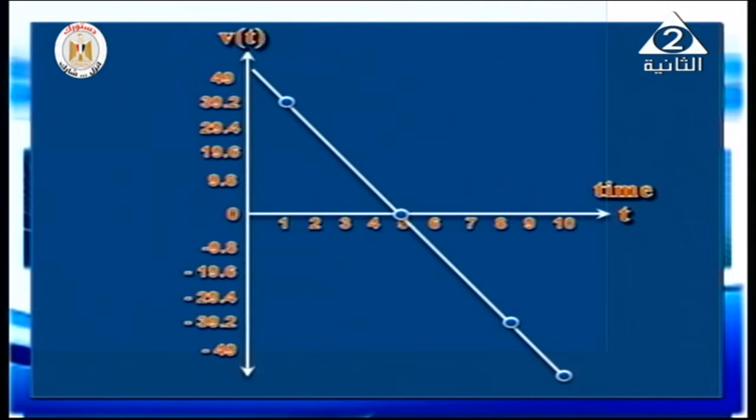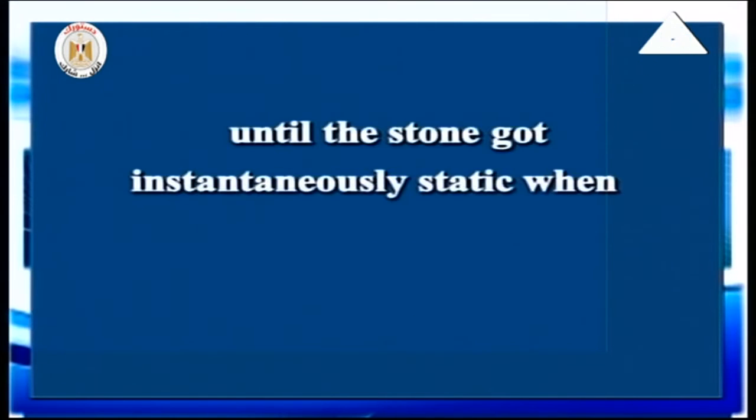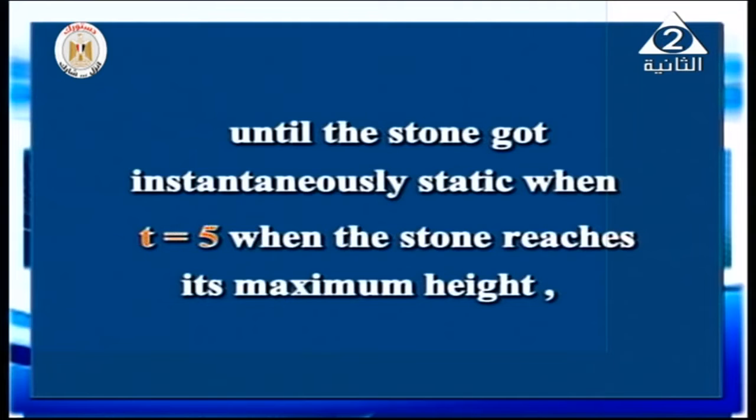Remember, my dear student, the velocity is the derivative of x, v equals d over dt of displacement. The initial velocity of the stone was 49 meters per second, and it decreases during the interval [0, 5] until the stone is instantaneously at rest when t equals 5, at its maximum height.